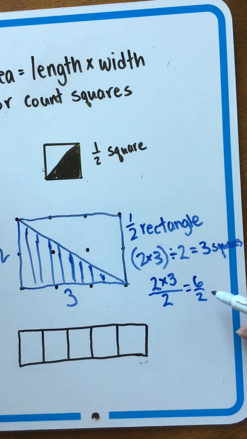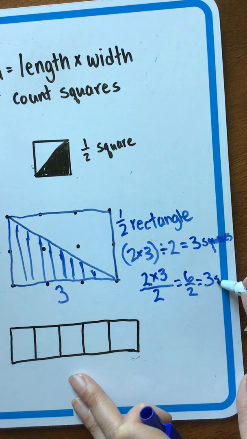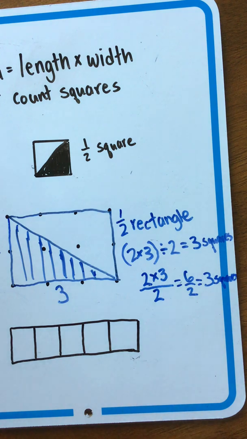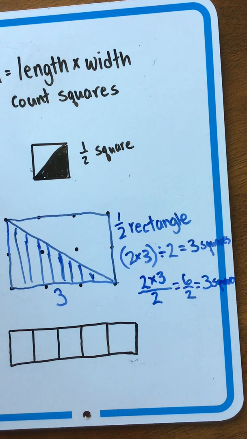And we know in the world of improper fractions, I can divide the top by the bottom, and that would get me 3. And then again, we just put the units on the end, and here we're talking about squares. Okay, so either of those are ways that you can show it.